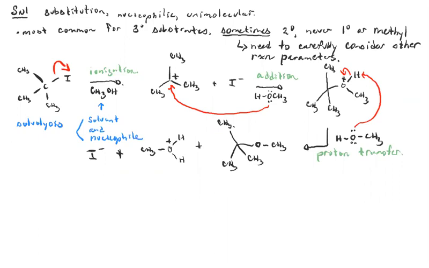And we'll do the same thing we did for SN2: substrate, nucleophile, solvent, leaving group. But we're going to go through it more quickly just because we've already explained what makes a good leaving group, what makes a good nucleophile, et cetera.